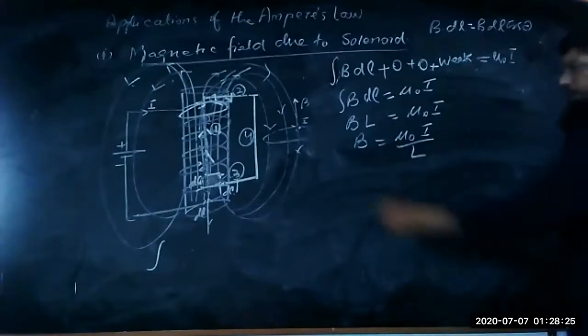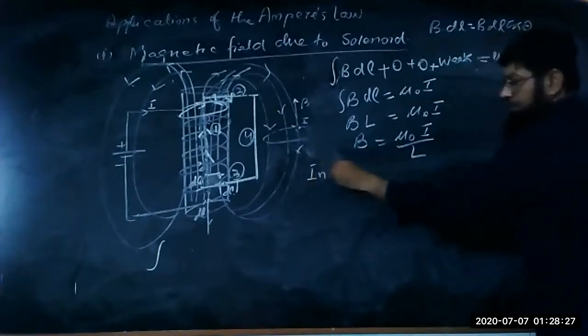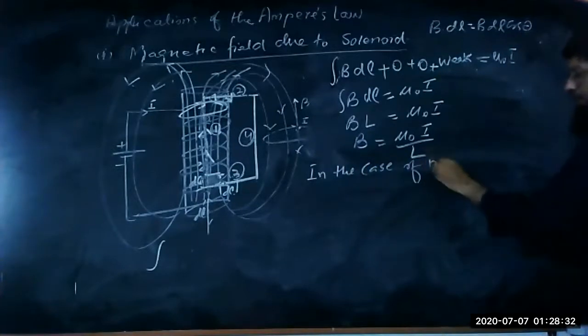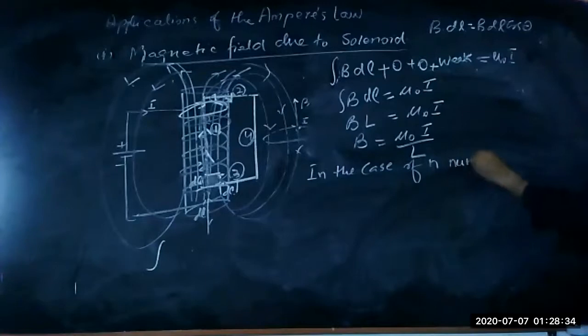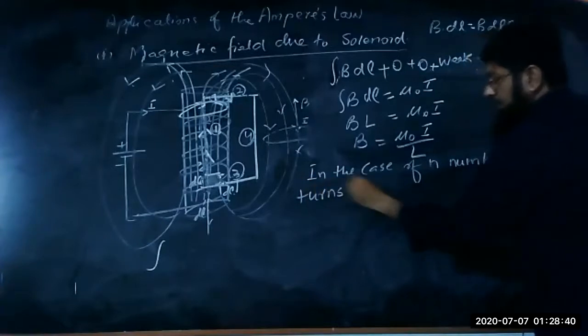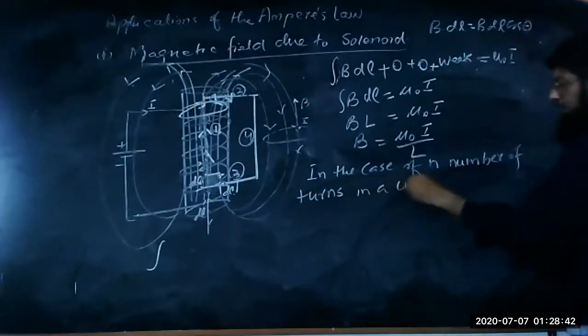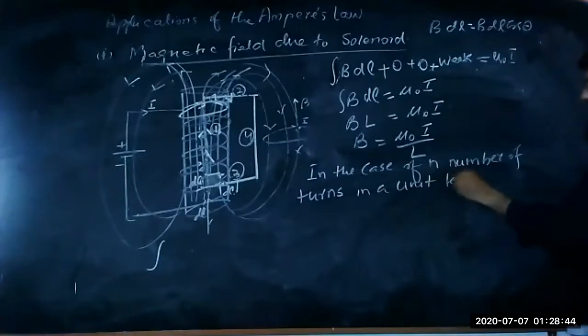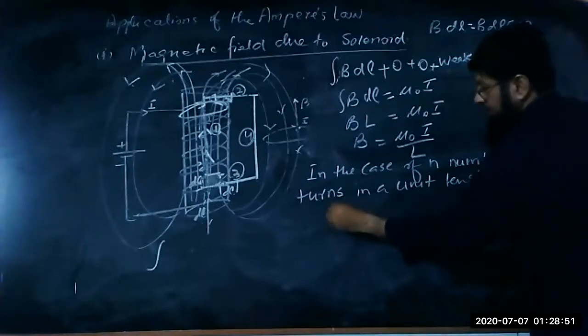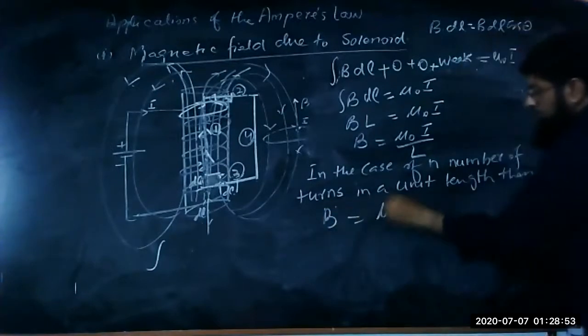So here, in the case of n number of turns in a unit length, then B is equal to mu naught.